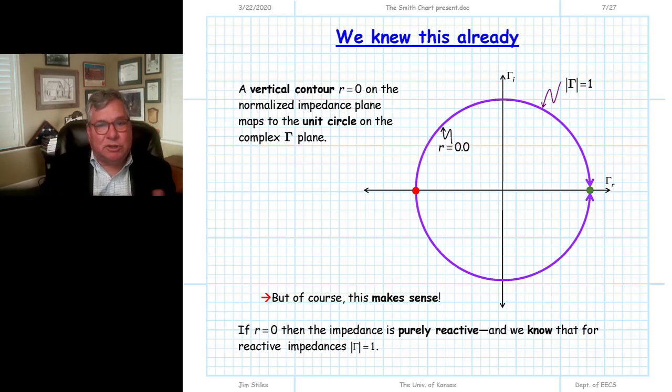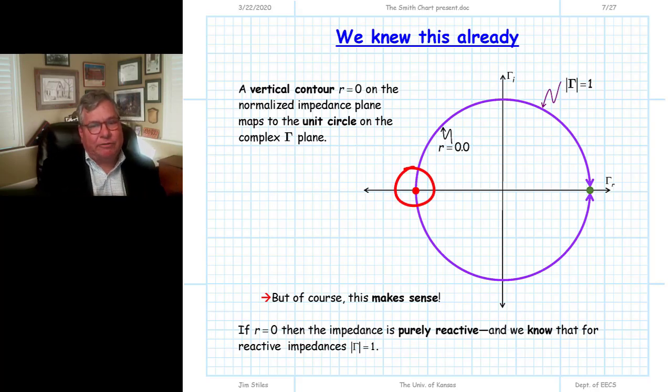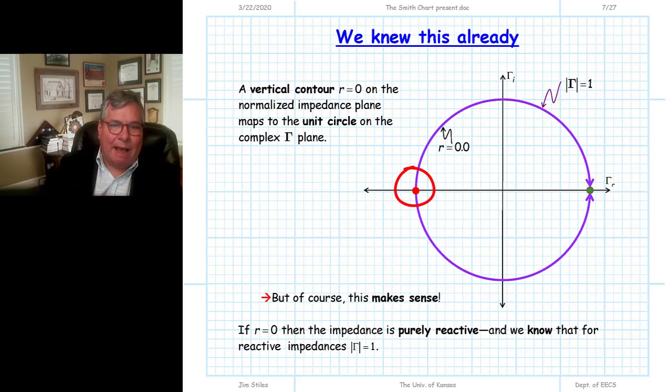This is the short circuit case, and we know where that origin point on the R equals 0 contour on the complex impedance plane will map onto on the complex gamma plane. It will move to the location which we know as the short circuit location. Gamma is equal to -1.